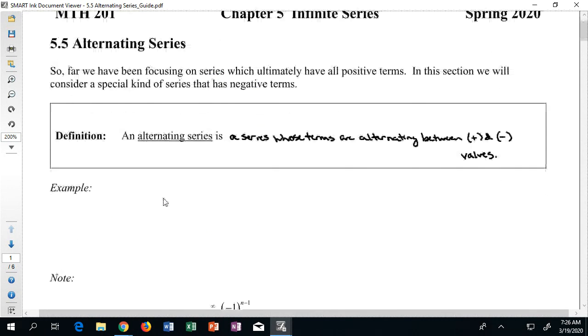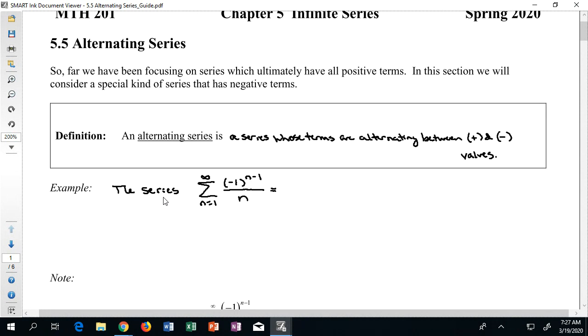A couple of examples of series that would be alternating: maybe we would consider the following series. How about a series that starts at 1 and goes to infinity, and maybe it's something like negative 1 to the power n minus 1, over n.